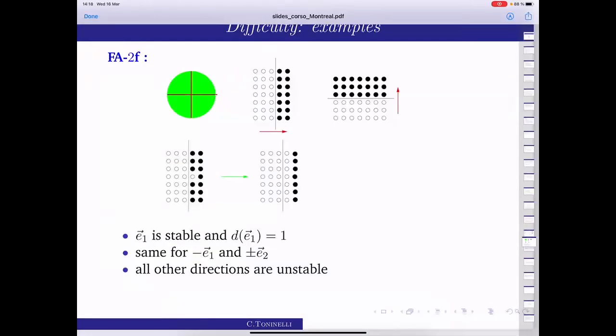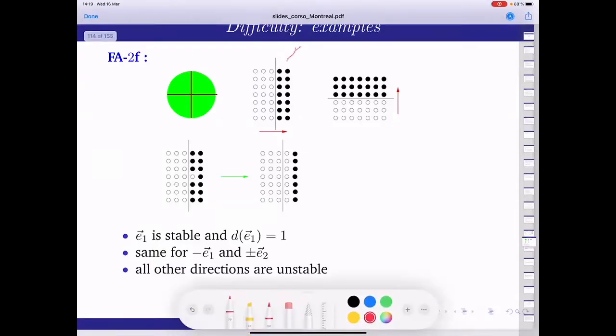Yes, it's immediate. So it's the example of FA2F. For FA2F, you see that all the 4 coordinate directions are stable. For example, see here E1, the direction E1 is stable because all the sites that are here cannot be emptied. Each of these sites has at least 3 occupied neighbors, so the constraint is not satisfied.